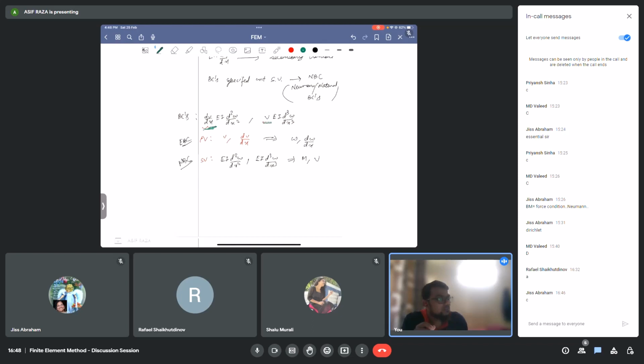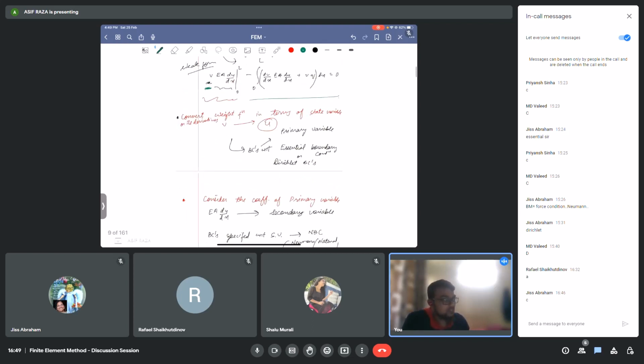When we convert these in terms of our state variables, that is w and dw/dx, these are my primary variables. When we specify boundary conditions on the primary variables, we get essential boundary conditions or Dirichlet boundary conditions.